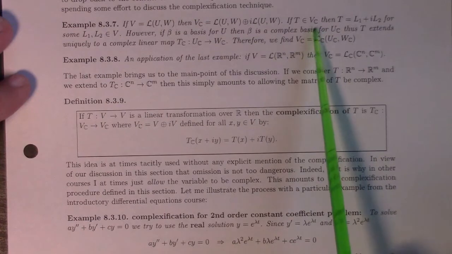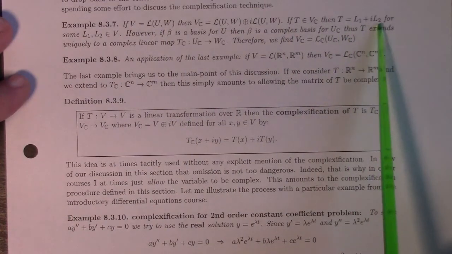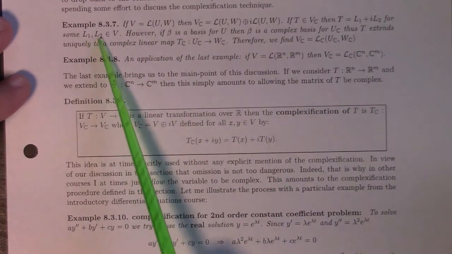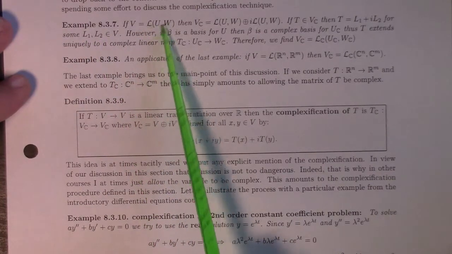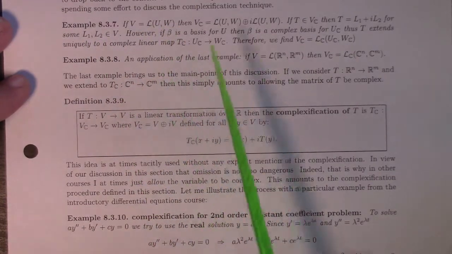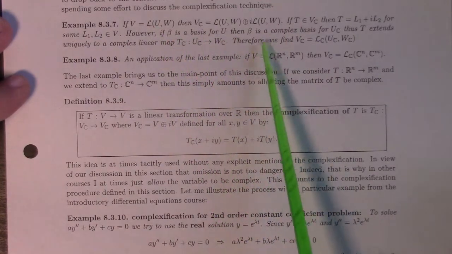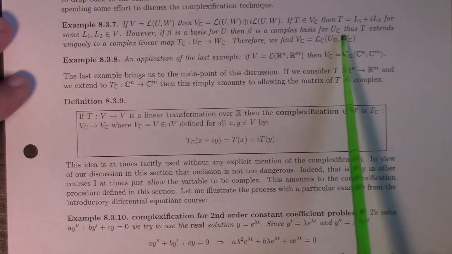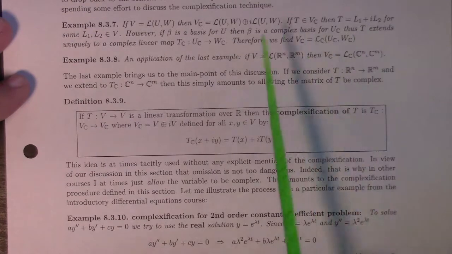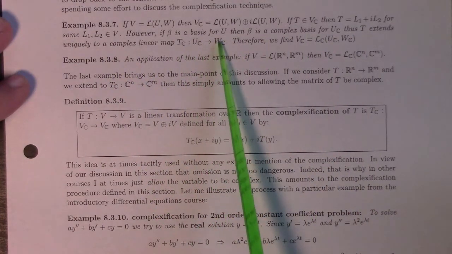If T is in the complexification, then T is L1 plus i L2, where L1 and L2 are separately just real transformations from U to W. Furthermore, if beta is a basis for U, then beta is still a complex basis for the complexification of U. And so T extends uniquely to a complex linear map, T sub c.